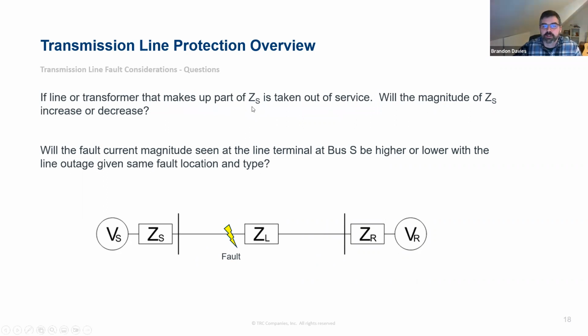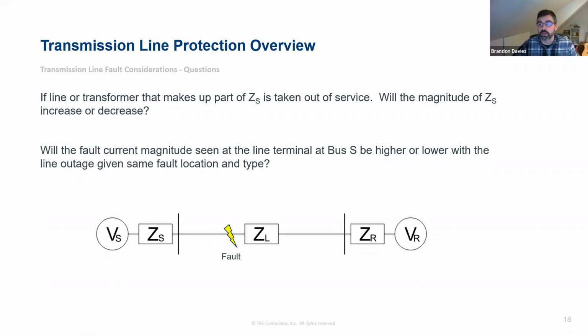So the last one's another kind of tough one conceptually. So if we've got that same fault 1 location, so it's somewhere near this terminal, but we have one of the many branches of the transmission system that makes up this source, and we take it out of service.